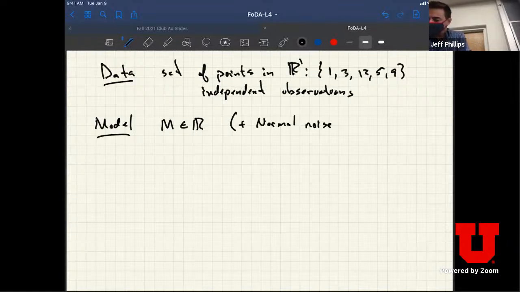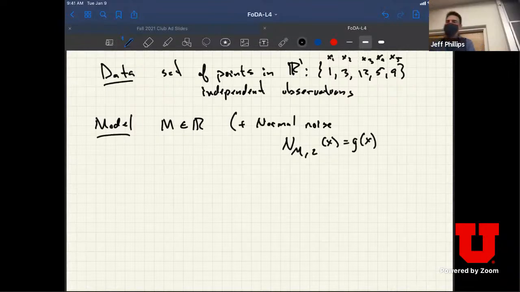In particular, there's some normal noise model which has a mean of m, which we don't know yet, and a standard deviation of 2. I can apply this on a point x, which will be x1, x2, x3, x4, x5. I will write this as a function g of x.